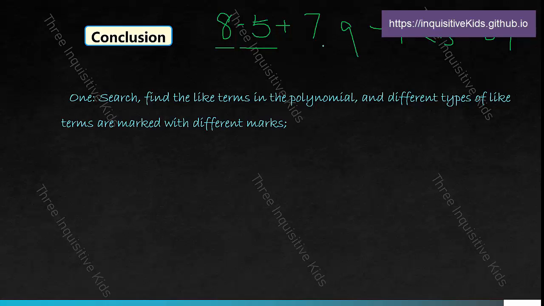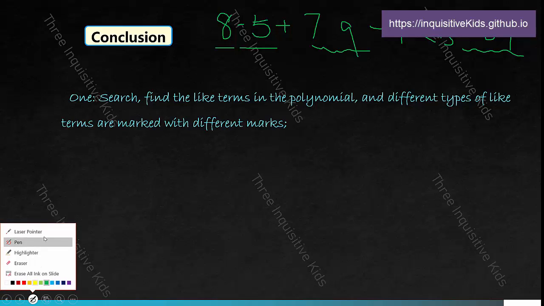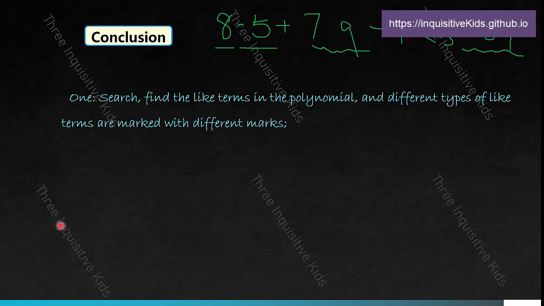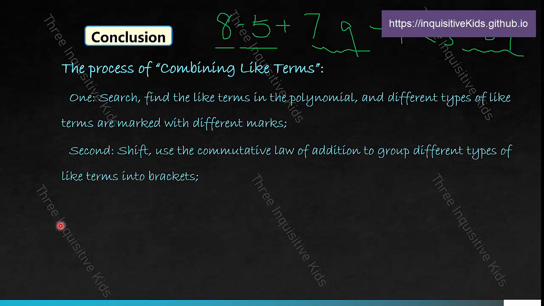Terms that have q as the variable part, squiggly lines. And negative 12b, I will not give any marks. So basically, it's going to be easier for you to identify them. This is the whole process of combining like terms that we're going through right now.